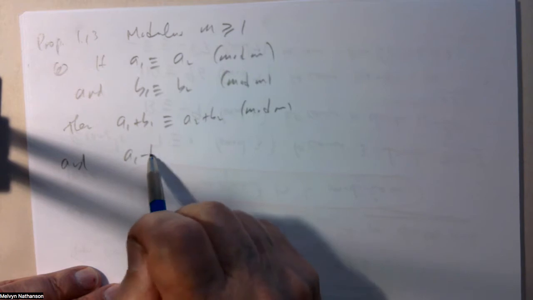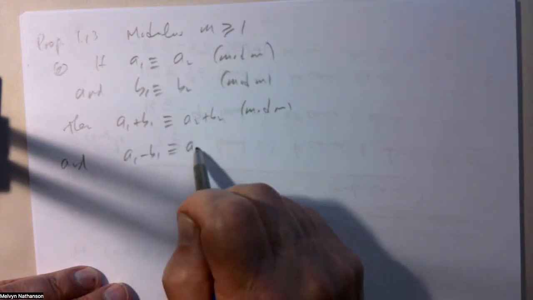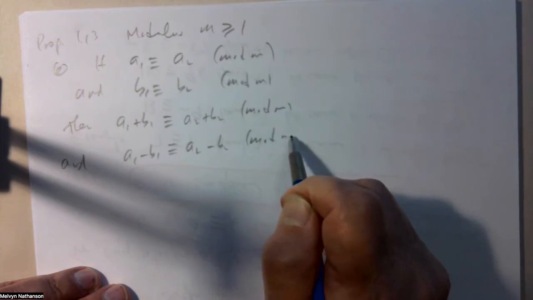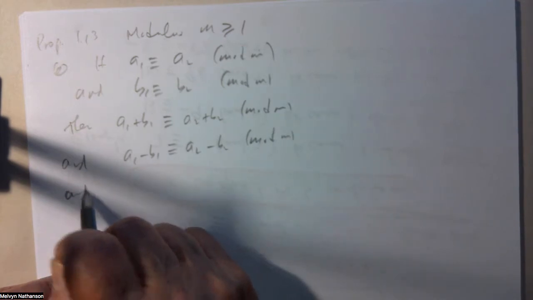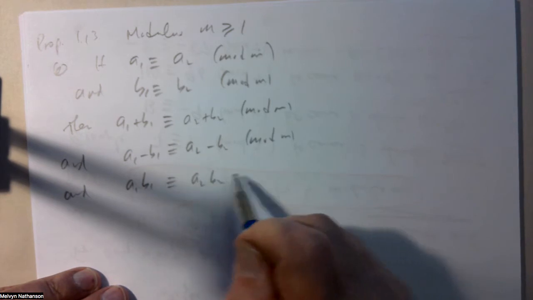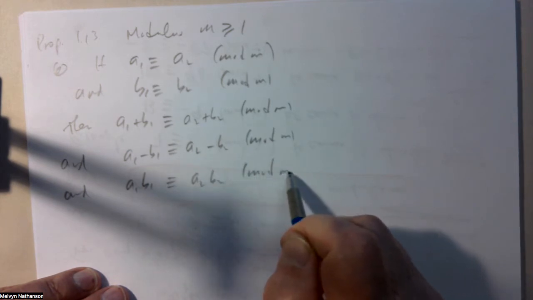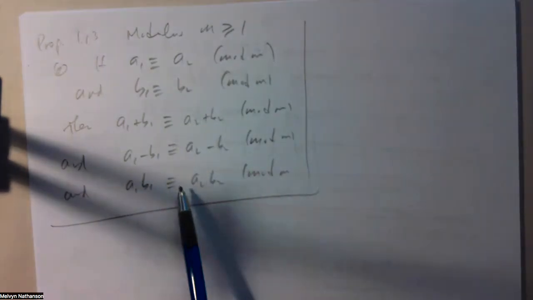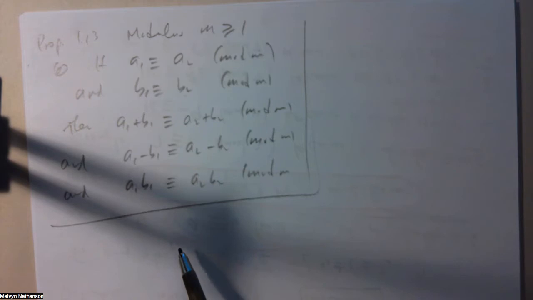And a1 minus b1 is congruent to a2 minus b2 mod m. And a1 times b1 is congruent to a2 times b2 mod m. So you can add, subtract, and multiply congruences.